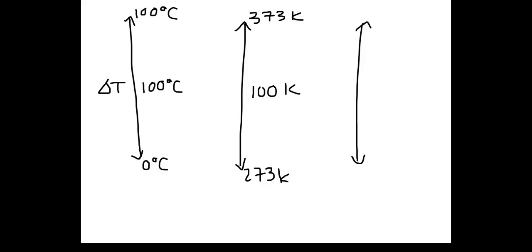So what's 0 degrees Celsius in Fahrenheit? 32. If you grew up in the States, you know that pretty well. Now, I'm not going to make you do the calculation right here. I will just tell you that 100 degrees Celsius is 212 degrees Fahrenheit. That's not 100 degrees. That's actually 180 degrees difference.